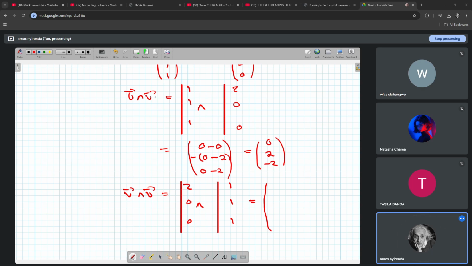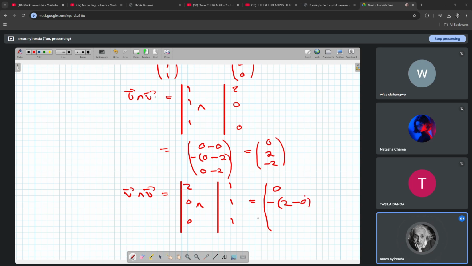I'll get rid of the first line, and I'm going to have 0 multiplied by 1 is 0, and 0 multiplied by 1 is 0. Then here I'm going to put a minus, and I'll get rid of the second line. Then I have 2 multiplied by 1, which is 2, minus 0 multiplied by 1, which is 0.